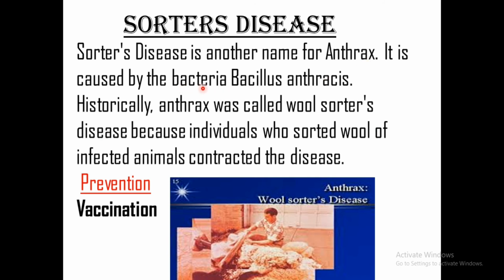The bacteria is Bacillus anthracis, and because of this reason, this anthrax was called the wool sorter's disease. Okay, children, and these days these wool sorters are vaccinated so that they do not get affected by the sorter's disease.